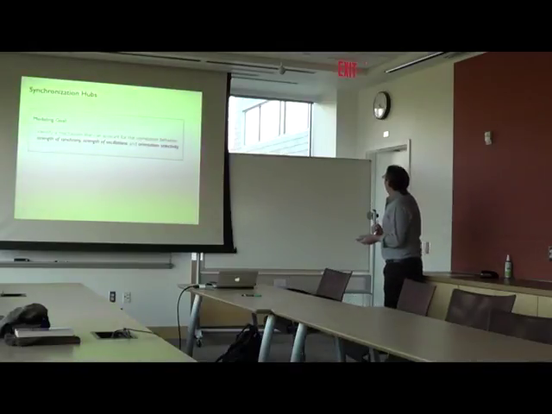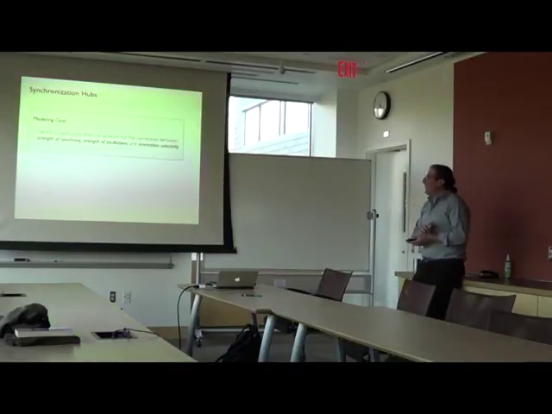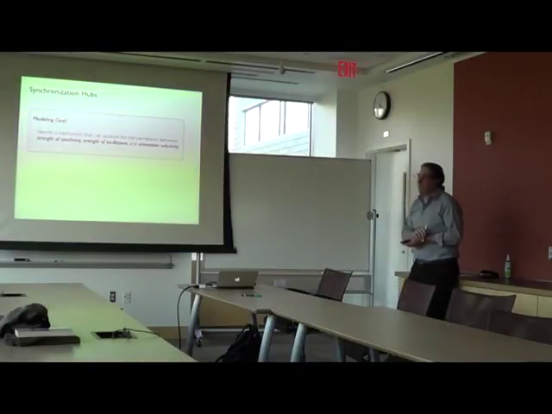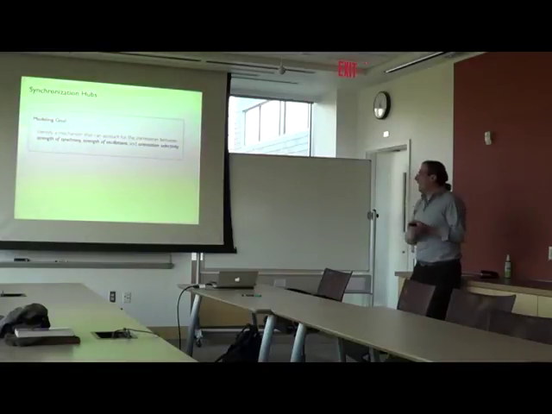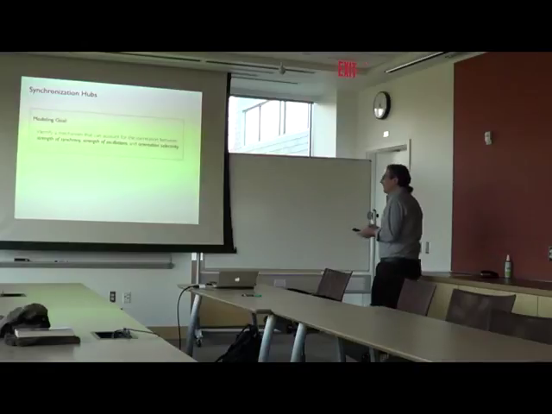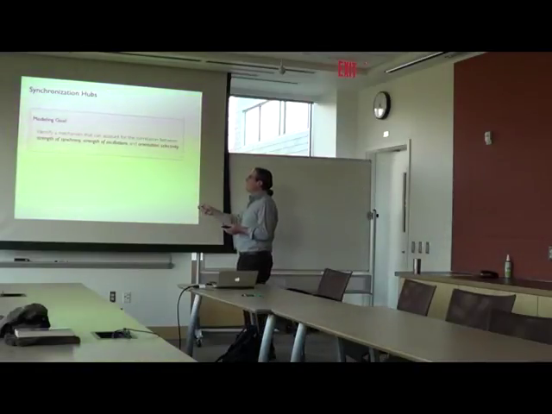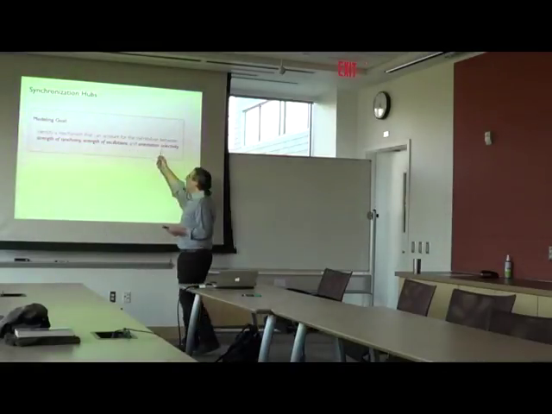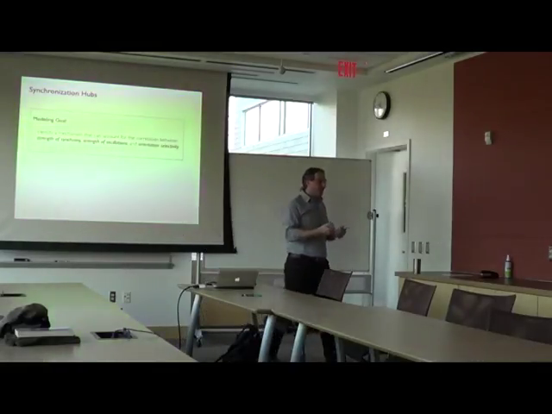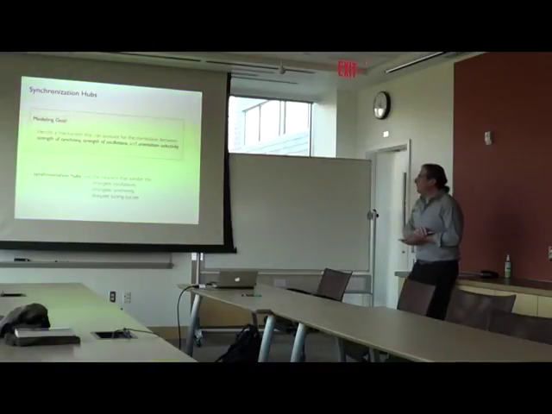Okay, so my modeling goal, and I'll try to get through this, is to identify a mechanism that can account for the correlation between the strength of synchrony, the strength of oscillations, and orientation selectivity. Okay, now I'm going to mostly talk about these two. And this is something I technically need to do in a bigger model, but I touch on at this level.